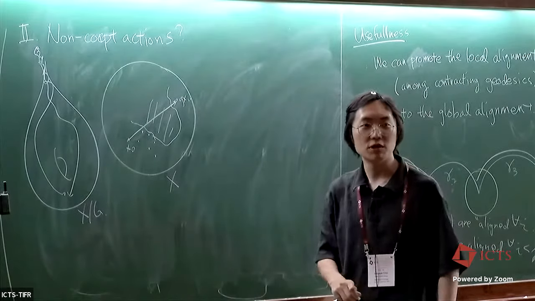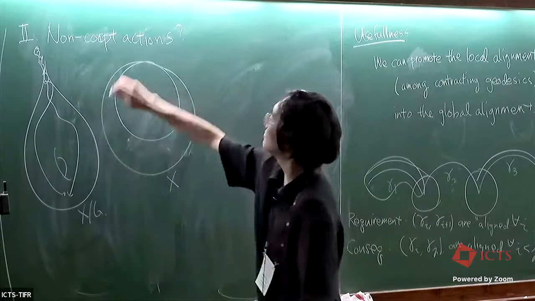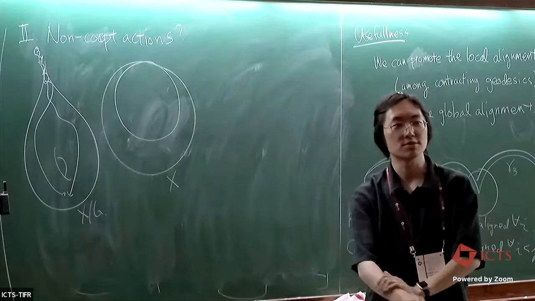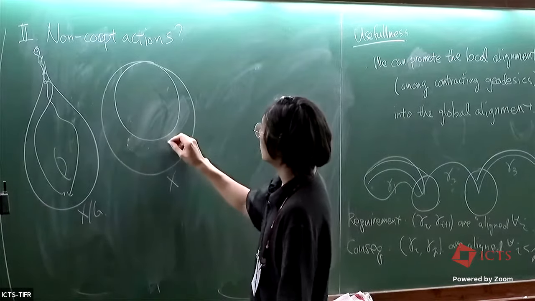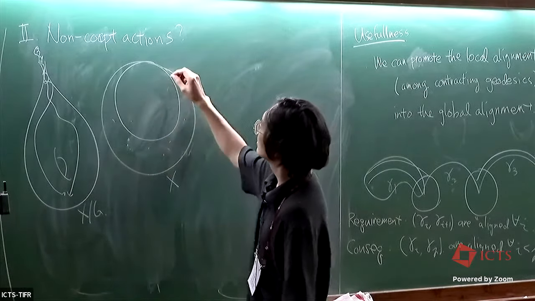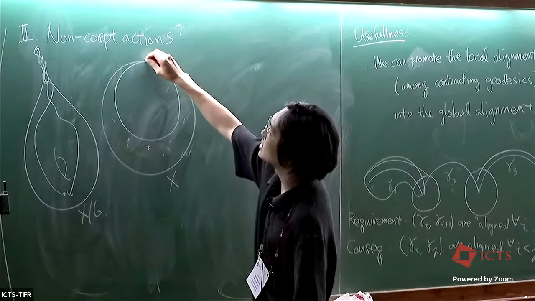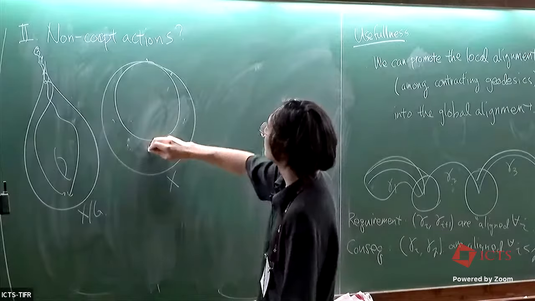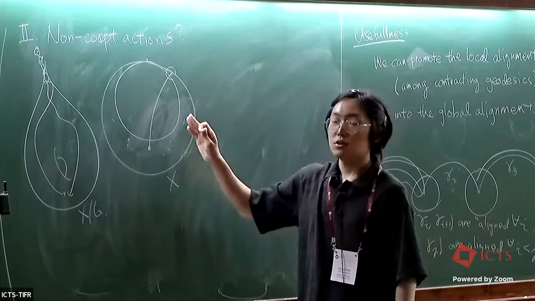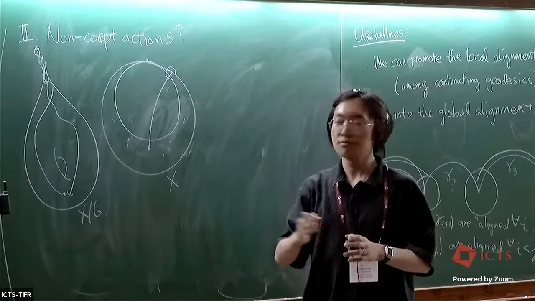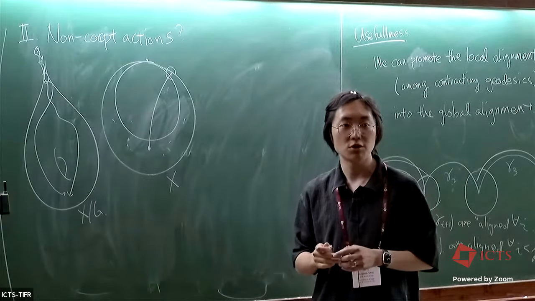Or if you want a neater picture, I should have drawn it like this, because this is how you draw cusps, right? This is the horocycle, and orbits are only here. But there are some orbit points approaching this cuspidal point, and for these orbit points, you cannot reduce it to several intermediate steps. So how will you cope with that?